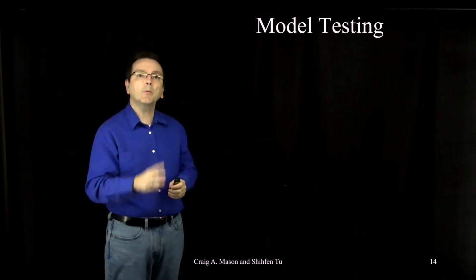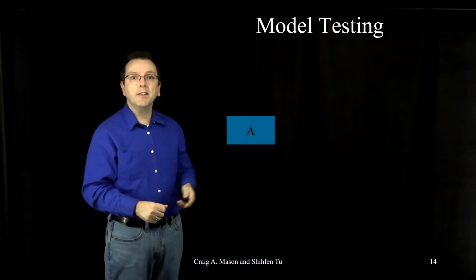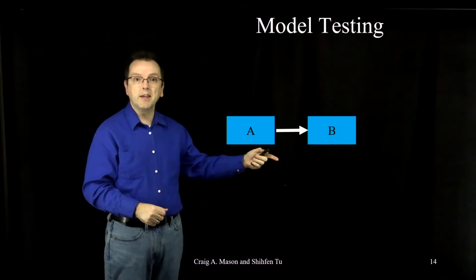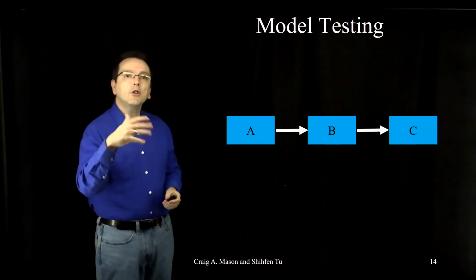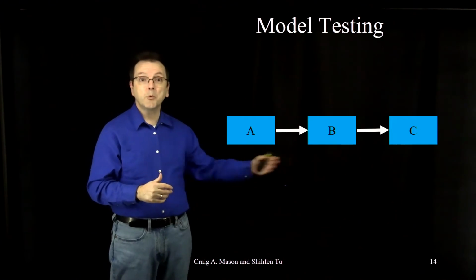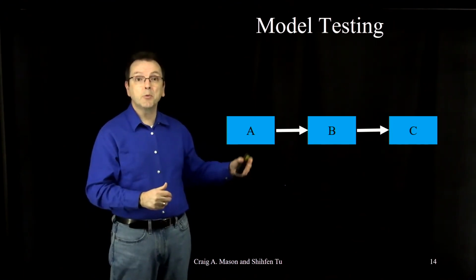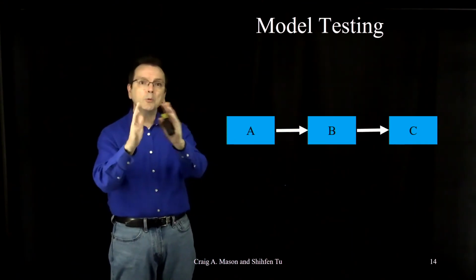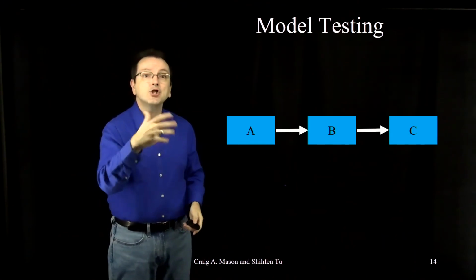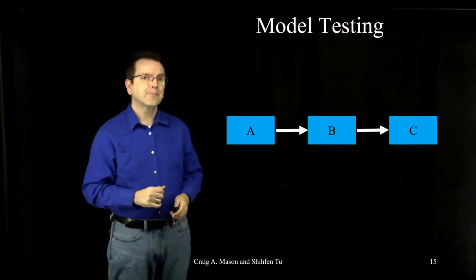If you have a model with 3 variables, A, B, and C, and you think that A causes B and B causes C, then you would expect the correlation between A and B to be larger than the correlation between A and C, because A and B are closer together in that chain of effects than A and C are.